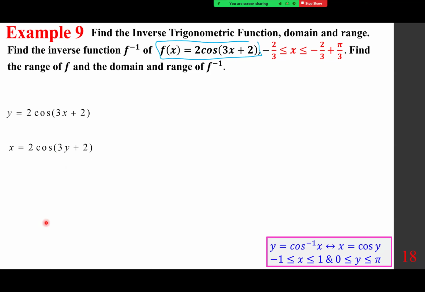Divide both sides by 2. By definition of an inverse, cosine inverse of x over 2 is the argument of cosine, 3y plus 2. You're solving for y.